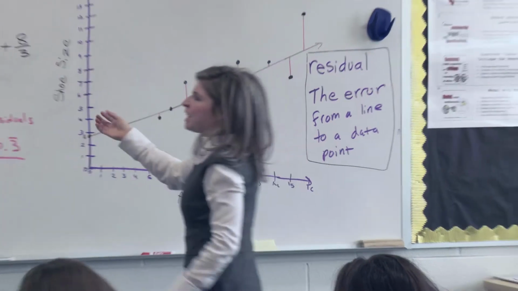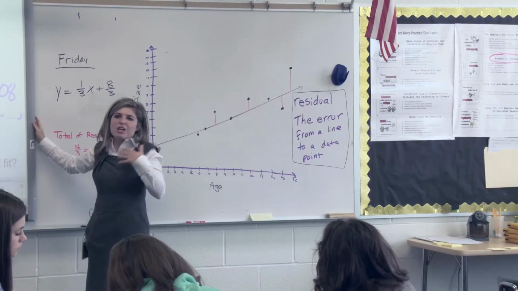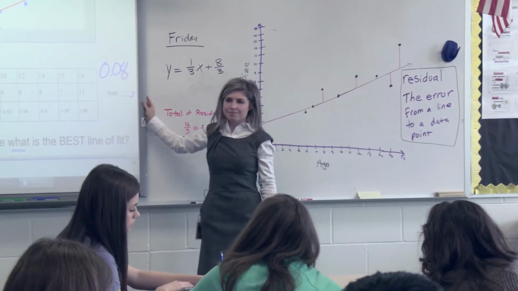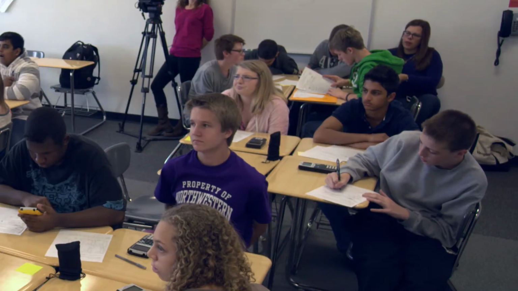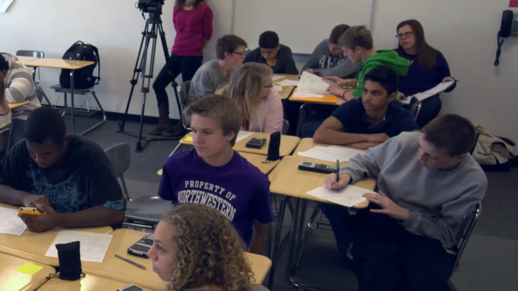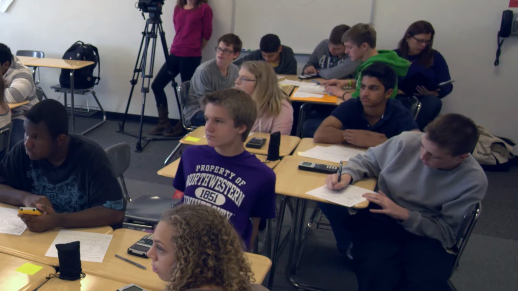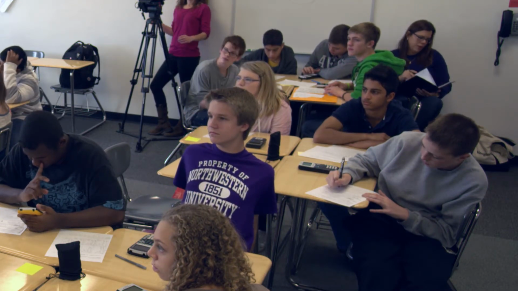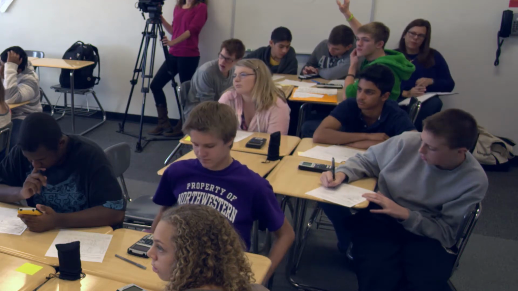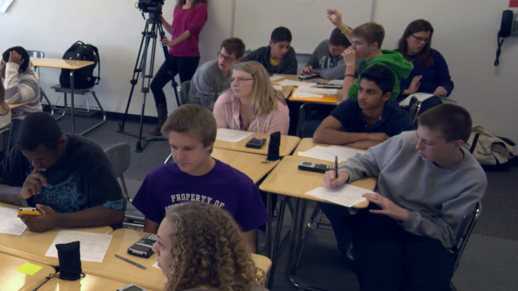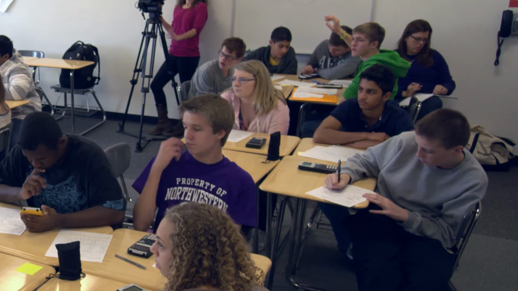Why do you think this one isn't exactly 0? What did we alter? Oh, the slope and the y-intercept. Very good, Max. Did we round? Yes. So our rounding adjusts our actual outputs a little bit. If we didn't round, we would actually have a sum of 0.